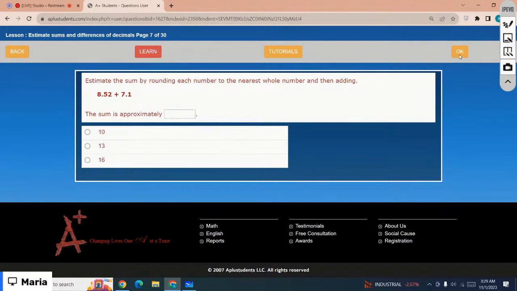Estimate the sum by rounding each number to the nearest whole number and then adding 8.52 plus 7.1. So which is the correct option? Yes, the correct option is 16. Very good.